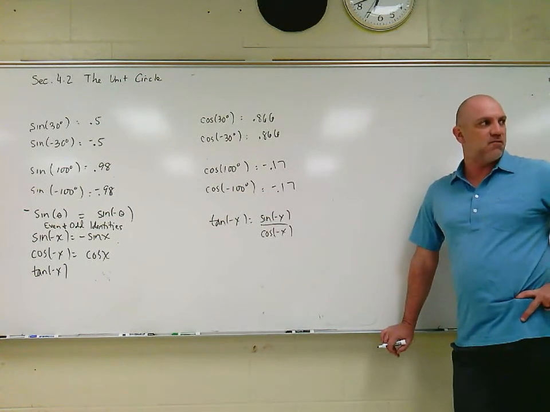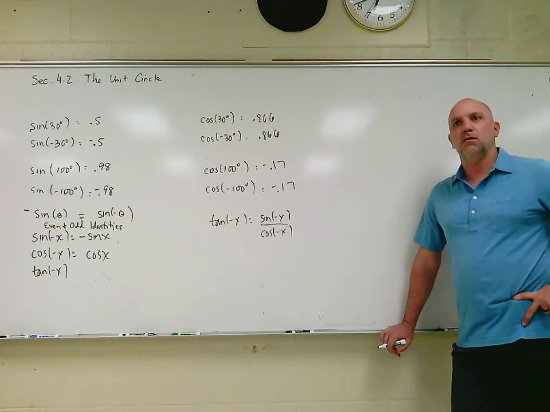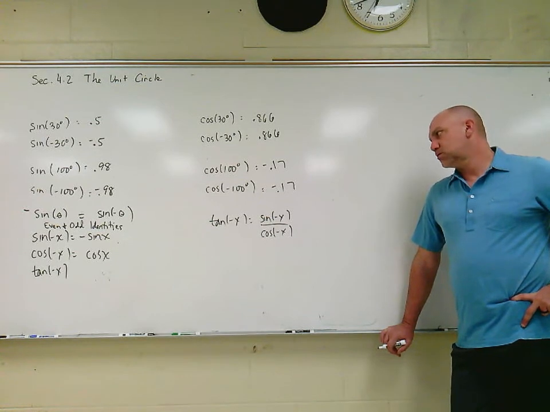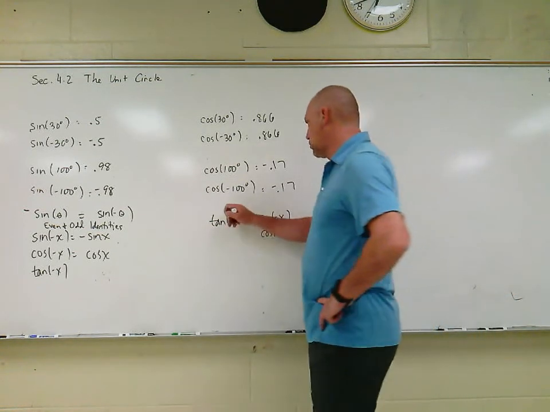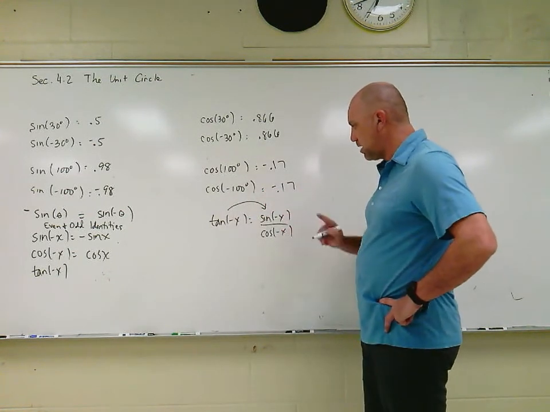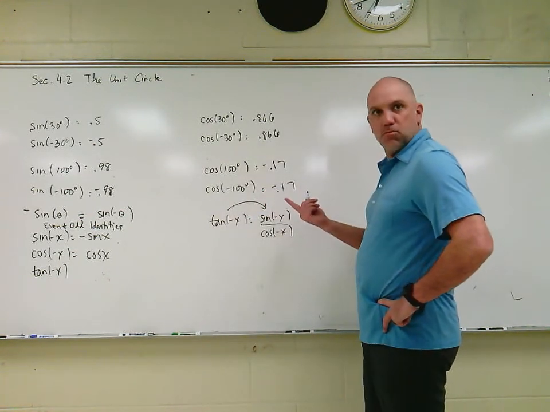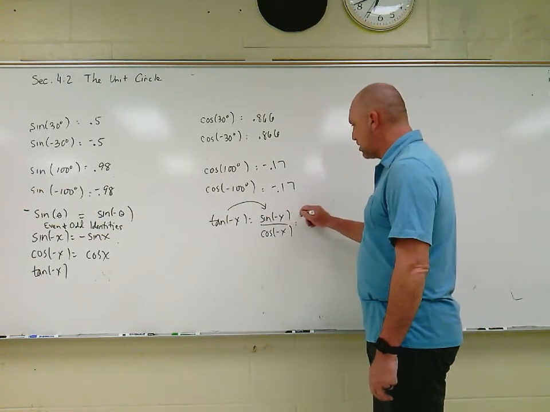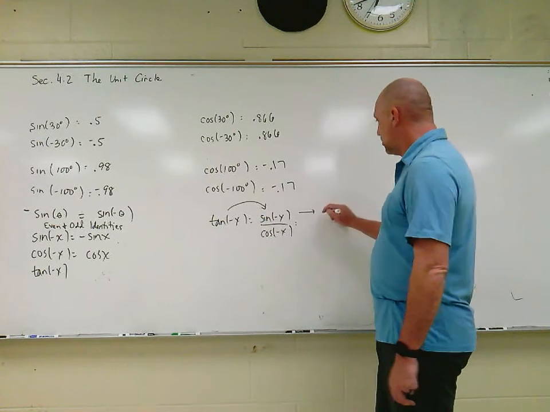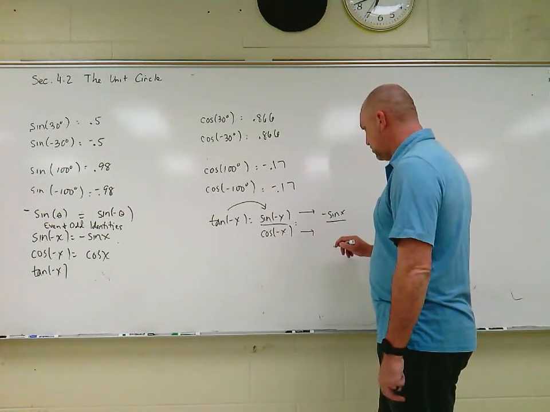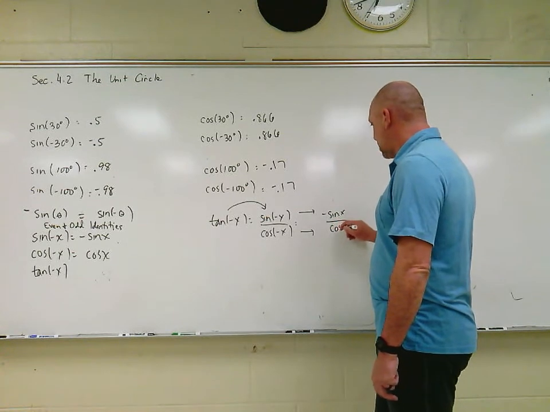What does tangent of negative x equal? Well, we're going to prove what it equals. All right. So first of all, is everybody good with this from our identity sheet? Whatever that angle is, it goes here. Now, these two, we just got the identities. So what does sine of negative x equal? Very good, negative sine x. What does cosine of negative x equal? Cosine x, okay?